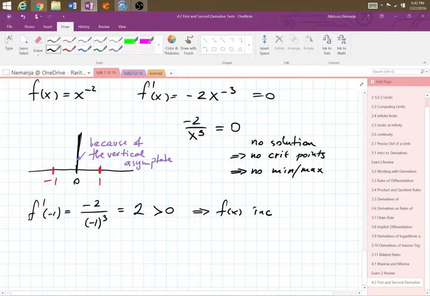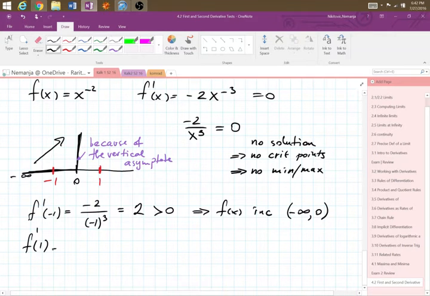Now observe, where is the function increasing? From -infinity to 0, on this part of the line, the left. So increasing on -infinity to 0, you do not include 0. There is no need to worry about increase and decrease at the single point. So we do not include 0 in this.